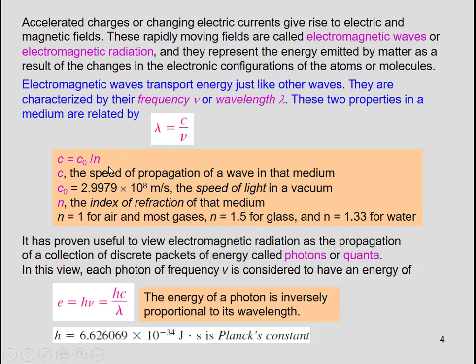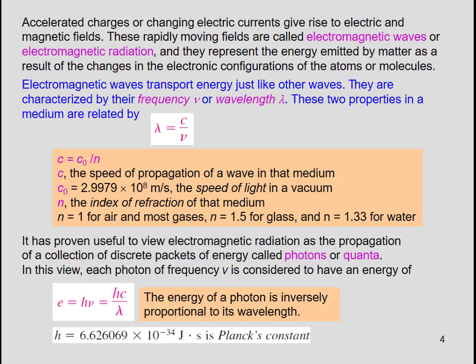c can also be calculated by this equation, c equal to c0 divided by n. c is the speed of the propagation of a wave in that medium. So as you can see here, the frequency or wavelength should be defined according to the medium which that wave is going through.